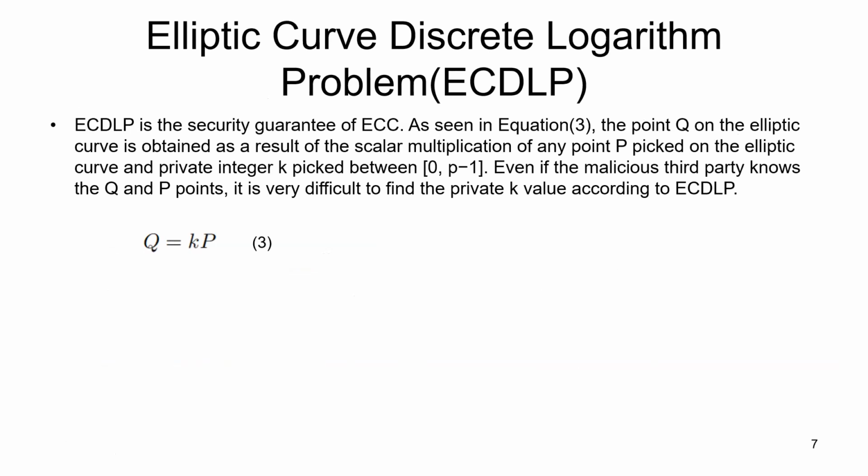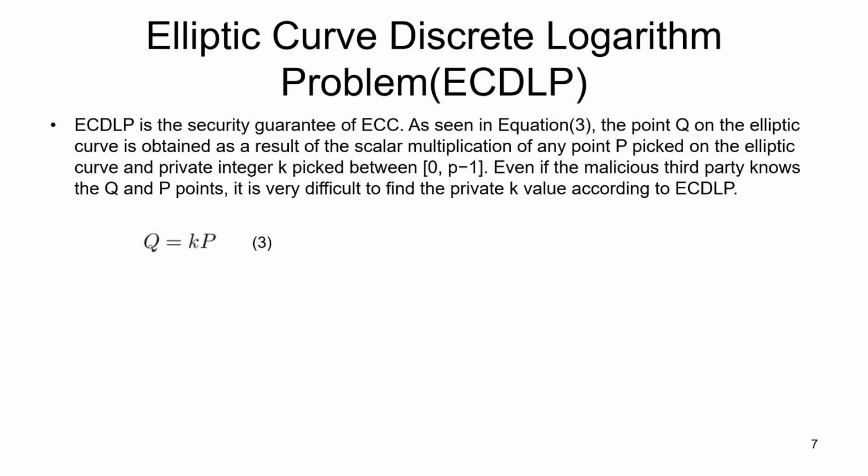Elliptic curve discrete logarithm problem is the security guarantee of ECC. Actually, it is the reason for using elliptic curves in encryption. As seen in equation 3, the point Q on the elliptic curve is obtained as a result of the scalar multiplication of any point P picked on the elliptic curve and a private integer key picked between 0 and P minus 1.